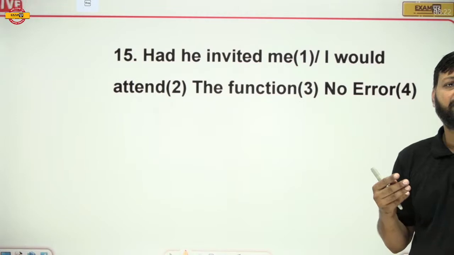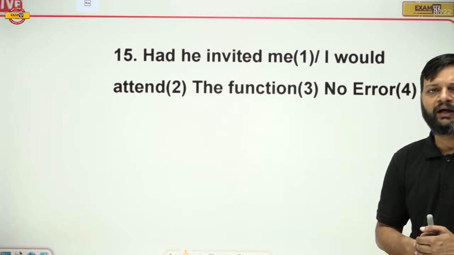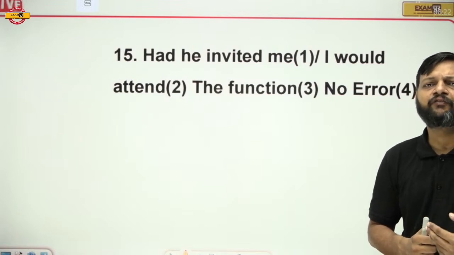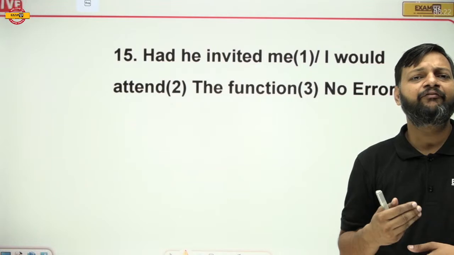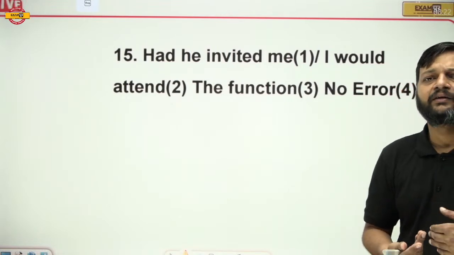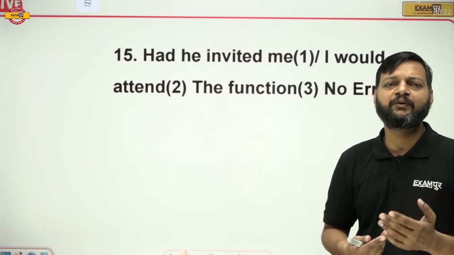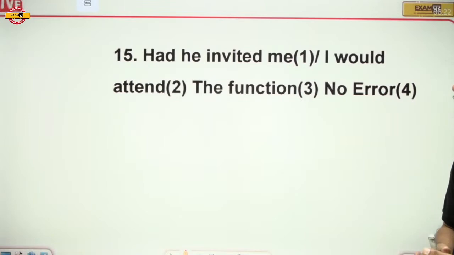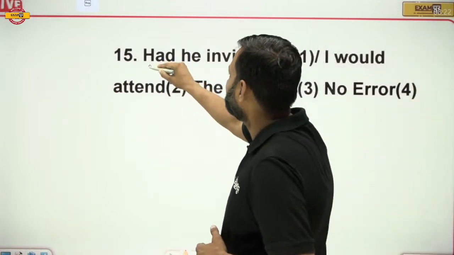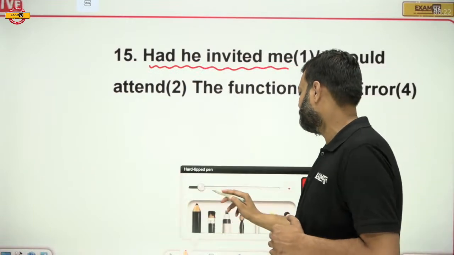This is a conditional sentence, and the if clause is in past perfect tense. I have told you that in case the if clause is in past perfect, the main clause must have would have plus third form. Here we have had he invited me, which is past perfect tense.